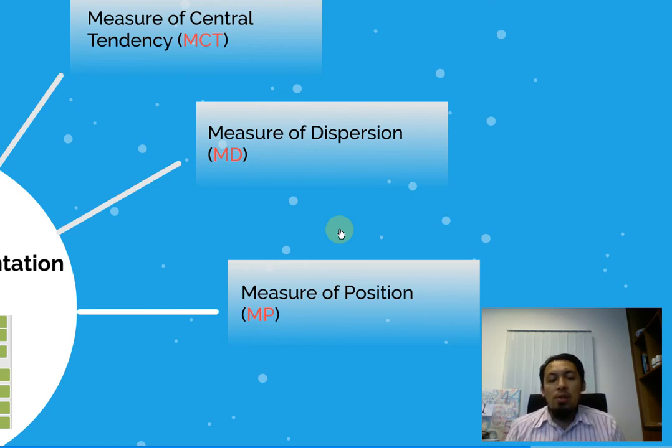You don't need to be afraid, because you are not going to actually draw a box plot manually. We are going to use software. However, you need to know what is actually happening, how it is created, how they draw it. So that is the overview of numerical data presentation.